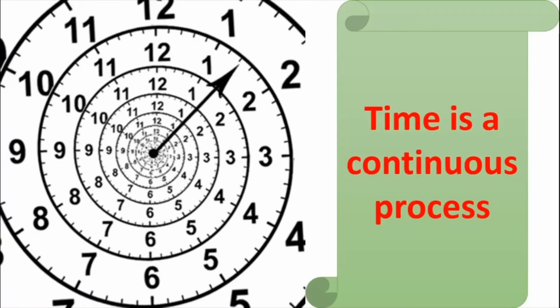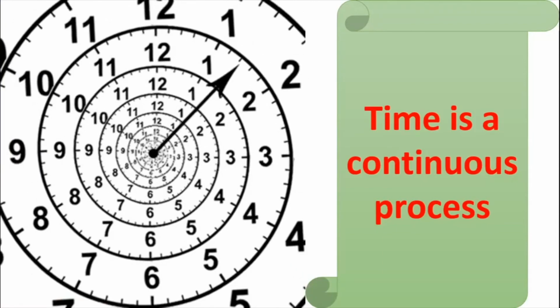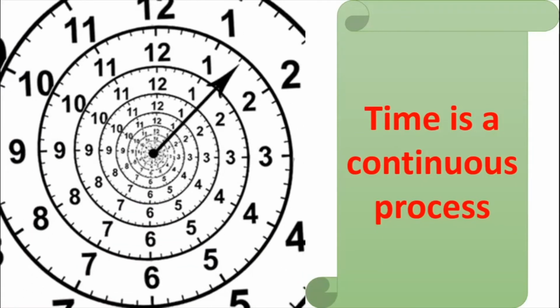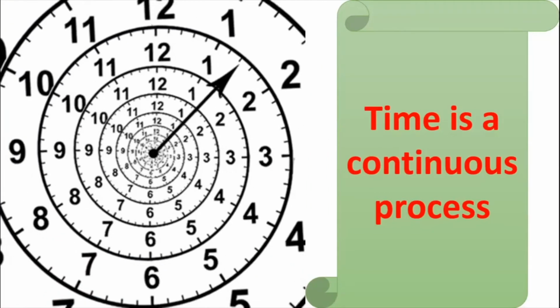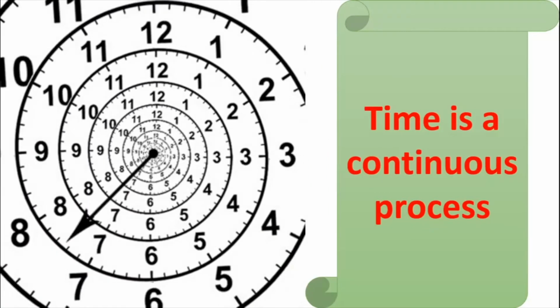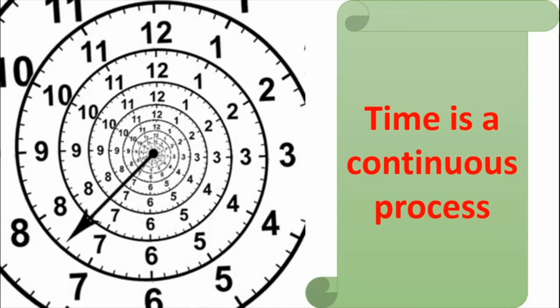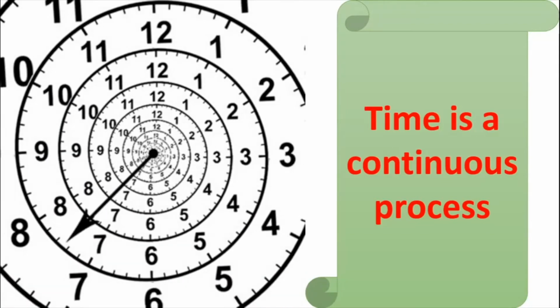All right, that means you cannot stop time. Your watch might stop, your clock might stop. You might just sit and not do anything, but time will keep moving. Time is a continuous process. Okay, you cannot turn back time also. You cannot go into the rewind mode also.